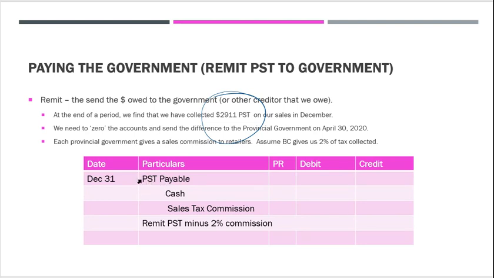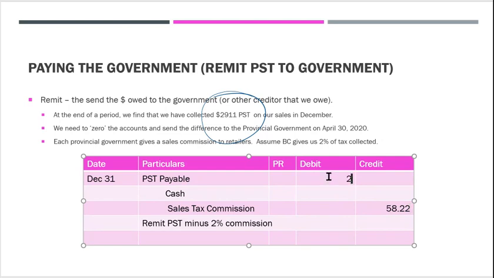Now, normally PST payable is a credit. To zero the account, to get rid of what we owe, we're paying it, so it's a debit. Cash, how much we're going to send, it's going to be a credit, and sales tax commission. So calculate 2%, and we get to keep $58.22.